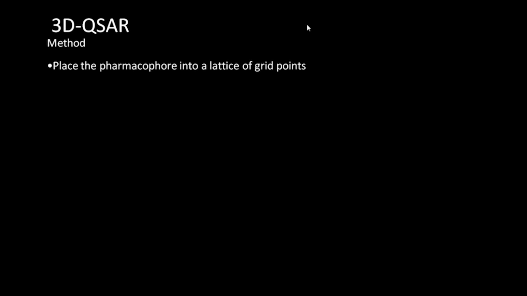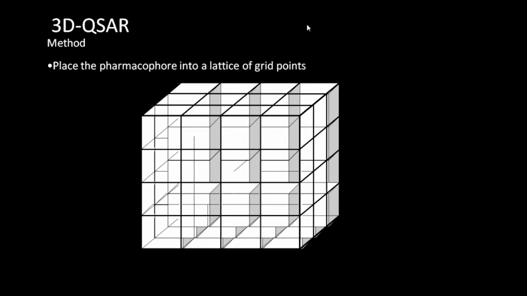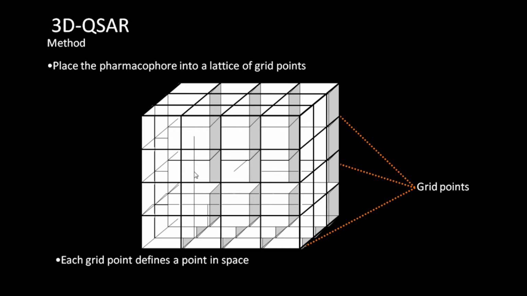Then you place the pharmacophore into a lattice of grid points. We may have a rectangular box divided into lots of small grids, and you place your molecule inside. These are the grid points. Each grid point defines a point in space.